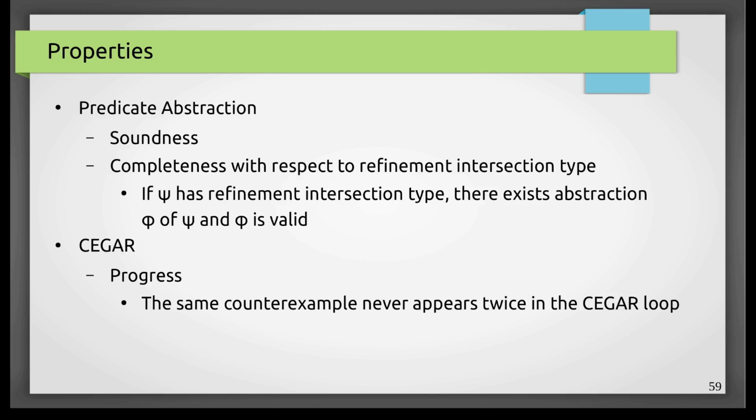In other words, our predicate abstraction is at least as powerful as refinement intersection type system. For CEGAR, we showed the progress property, which means that the same counterexample never appears twice in the CEGAR loop.